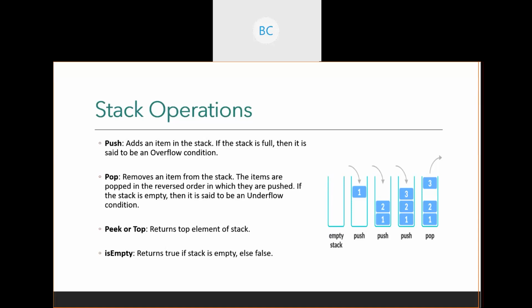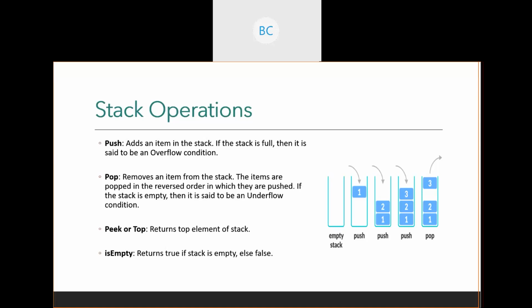The operations mainly in a stack are push, pop, peek, and isEmpty. Push means you are adding an item in the stack, then pop means you are removing an item from the stack.